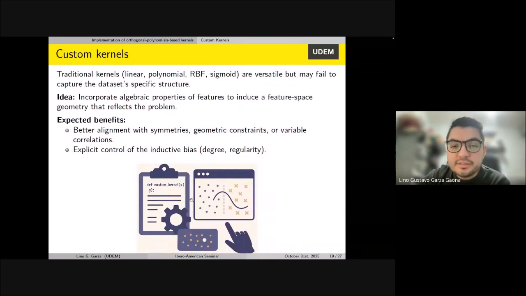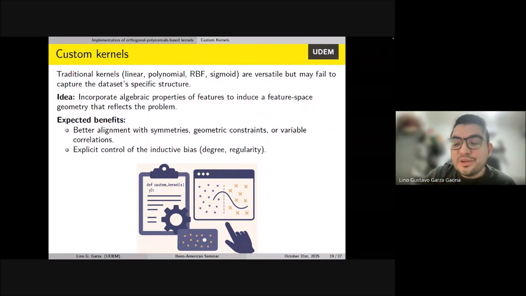So taking this as a starting point, we thought of this method to construct a custom kernel based on the data. And we expect that when you construct a kernel, well, first you have to construct the measure with some subset of the points, and then you construct an inner product, and using Gram-Schmidt, you can construct the polynomials.